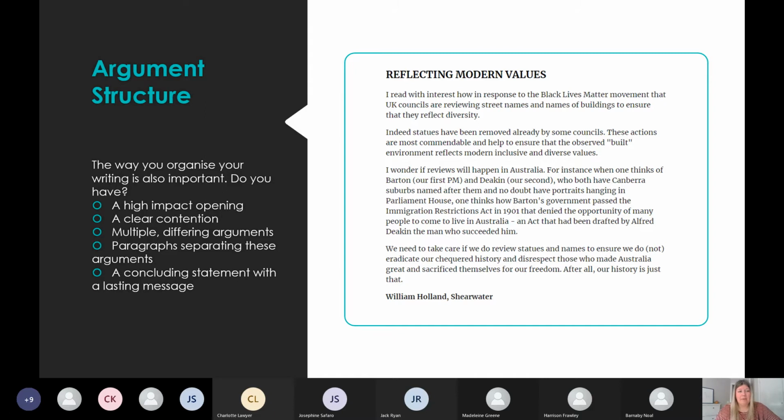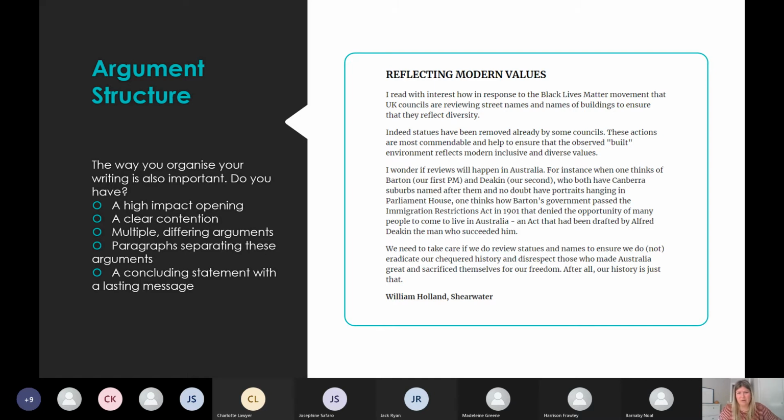You must also make multiple differing arguments. Now, we generally tell students that you should have at least 3 arguments and a rebuttal paragraph when you are writing. Now, these should be separate paragraphs on separate, really different arguments.